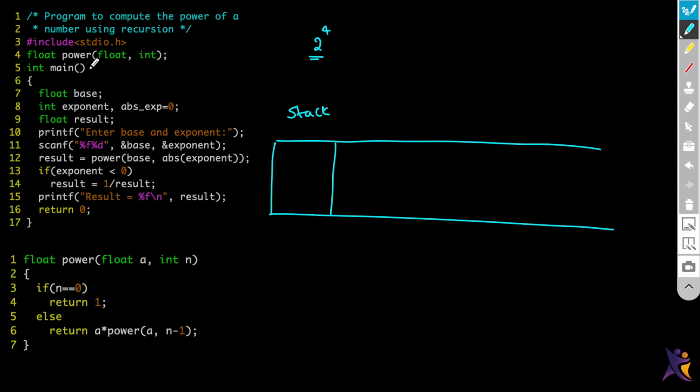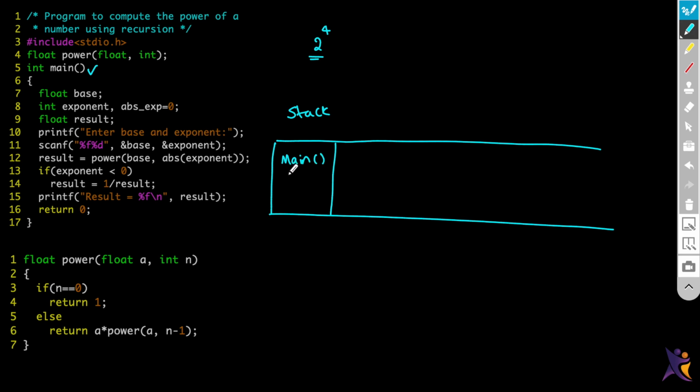Since main is a function and the program starts executing from the main function, a new activation record will be created with the copy of the main function, with all the code in main.